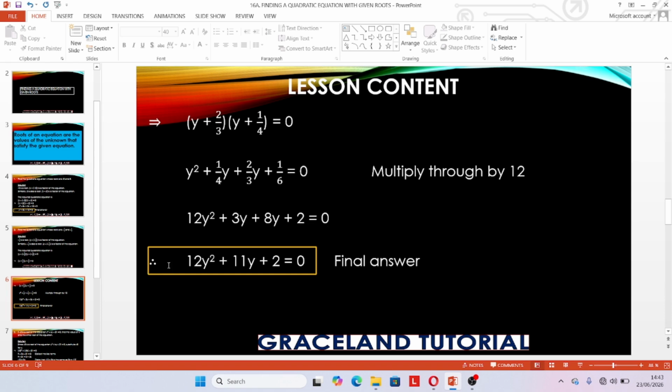So therefore we have 12y squared plus 3y plus 8y, which gives plus 11y, plus 2 is equal to 0. So our final answer now is going to be 12y squared plus 11y plus 2 is equal to 0.